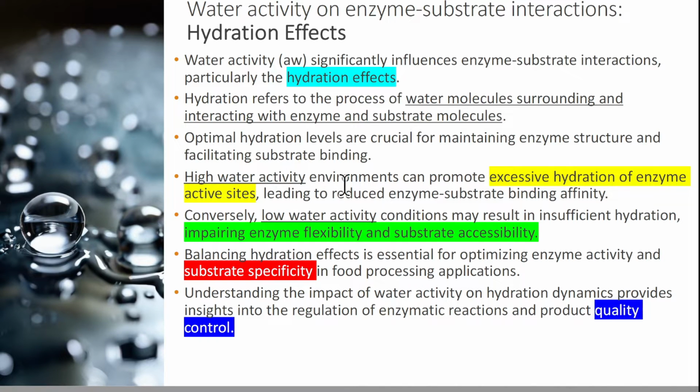A high water activity environment, as you can see in the previous graph, tends to cause excessive hydration of the enzyme active site, which is an important site on the protein molecule where the substrate binds, which leads to reduced enzyme-substrate binding activity, meaning basically the water molecules occupy the active sites and therefore hinder the substrate from binding to the active sites.